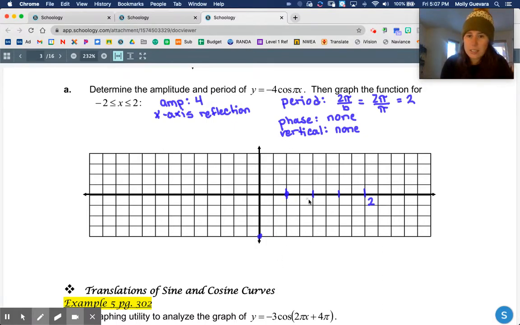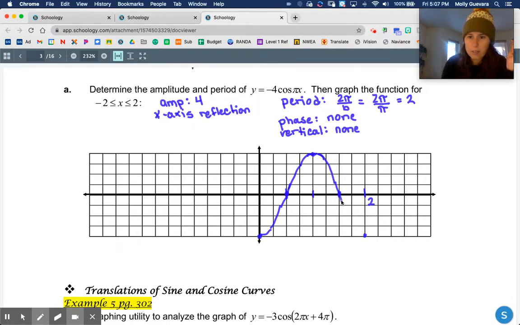0 is going to stay the same. Okay, normally the cosine point here would be -1, but it has an amplitude of 4, so it'd be down at -4. And then it has an x-axis reflection, so it's up here. And then I'm going to continue the pattern. And I'm going to connect it. So in this case, it looks like a sine wave or a cosine wave.